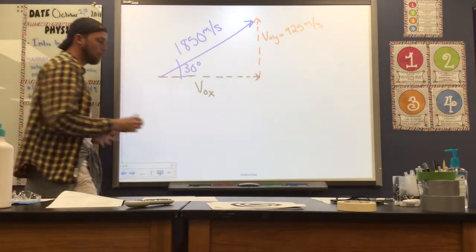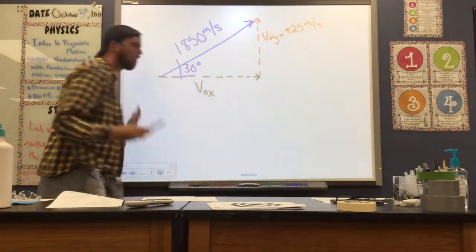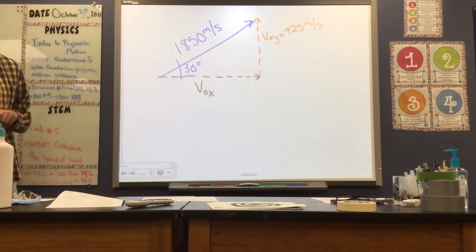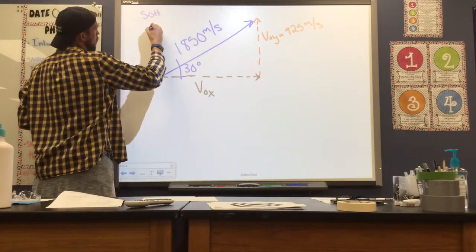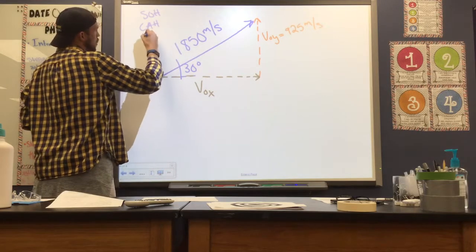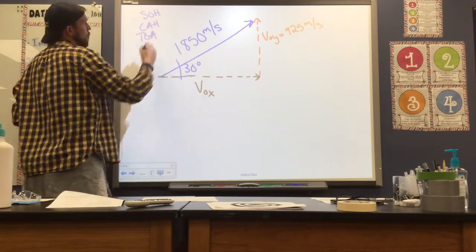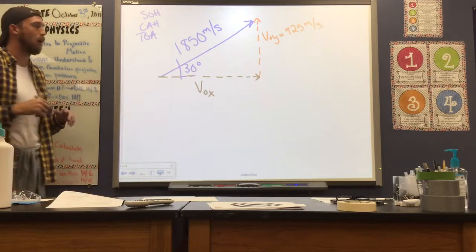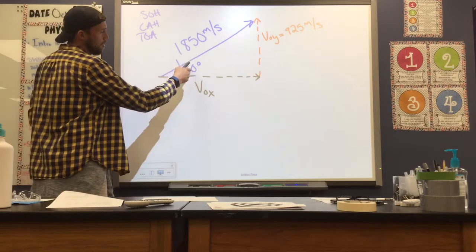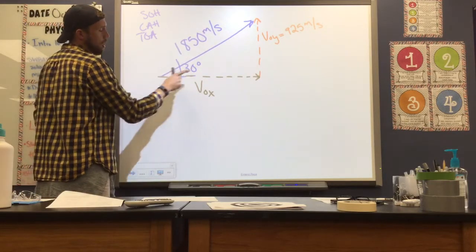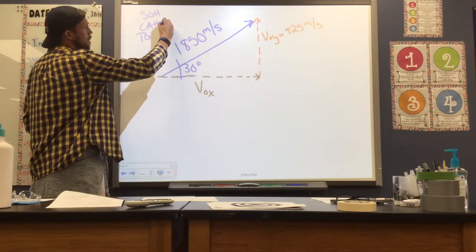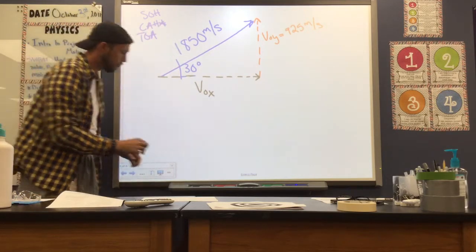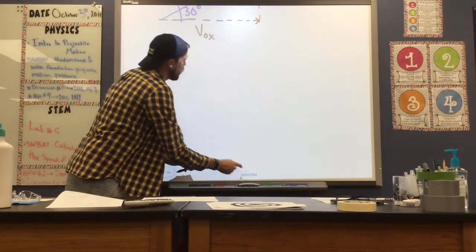So here, what we need to do is use our trig functions to solve for that x component. If you'll remember our acronym, SOH CAH TOA, which helps us remember which trig function might apply. Here, I have an angle, my hypotenuse, and I want to find my adjacent side. So adjacent and hypotenuse is going to be my cosine function. So here what I'll do is I'll write out my function.